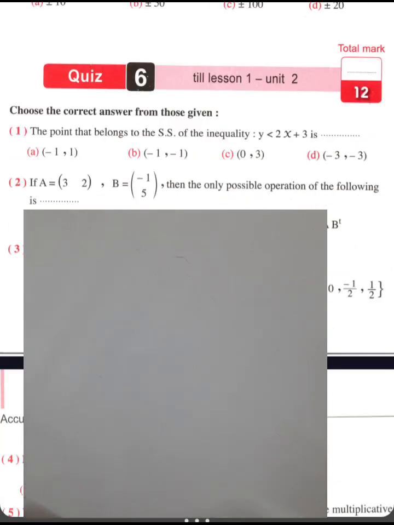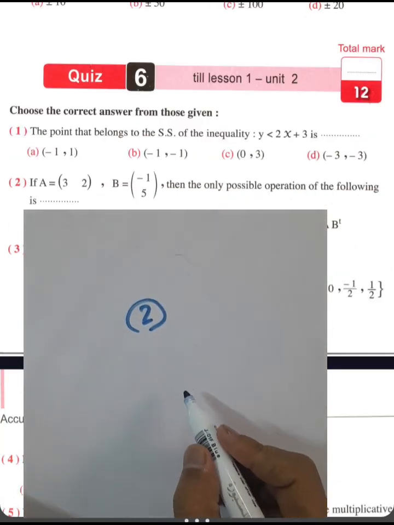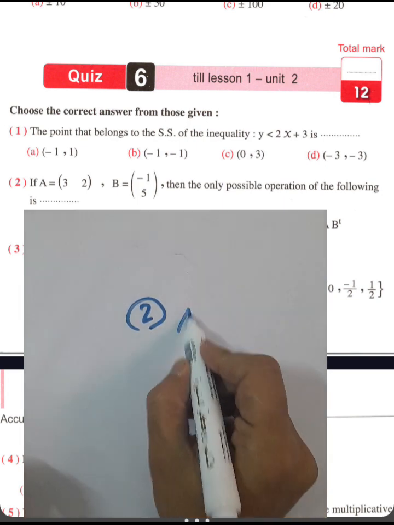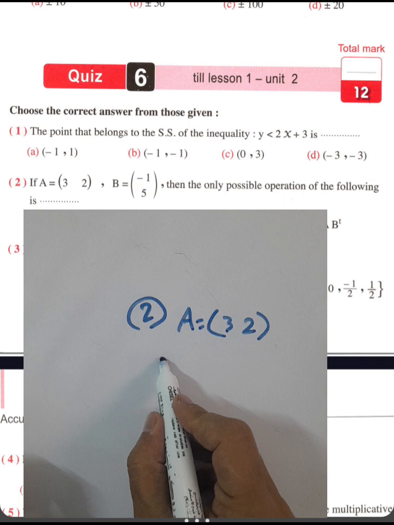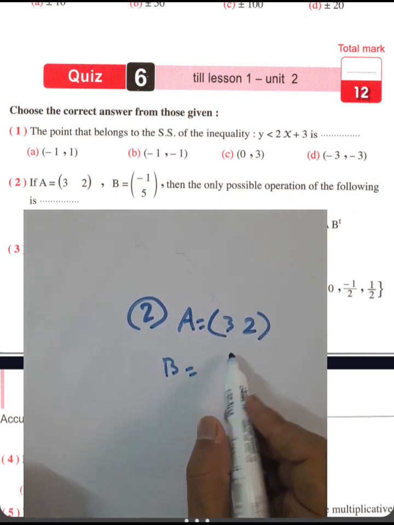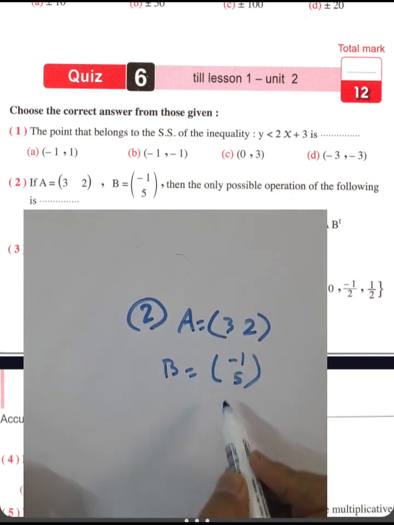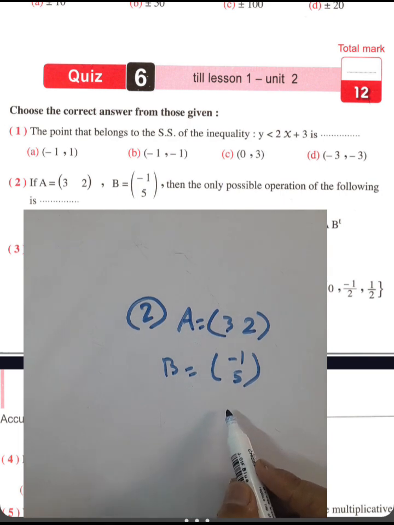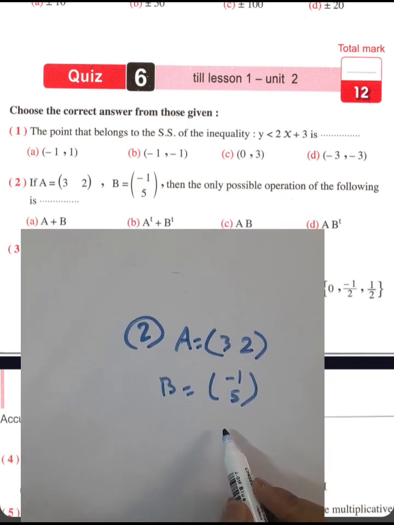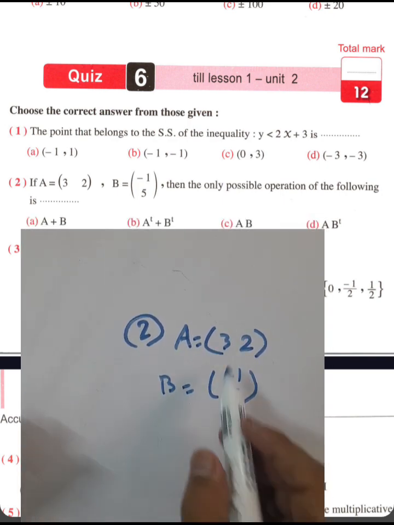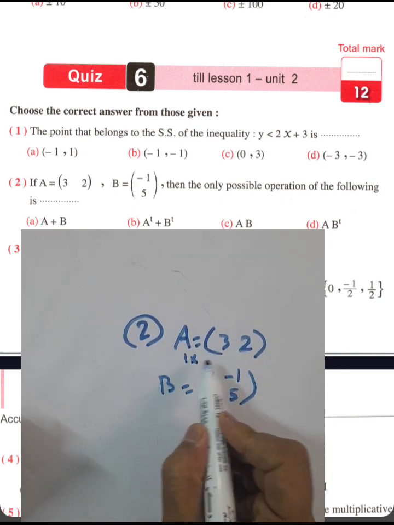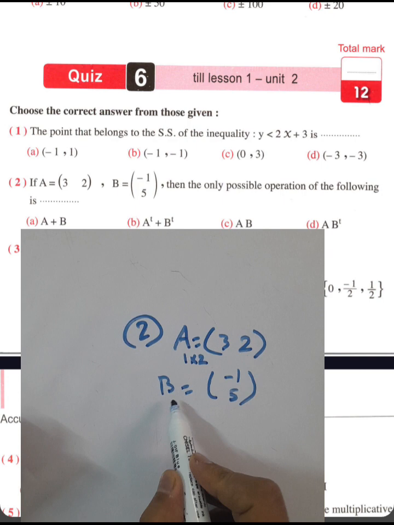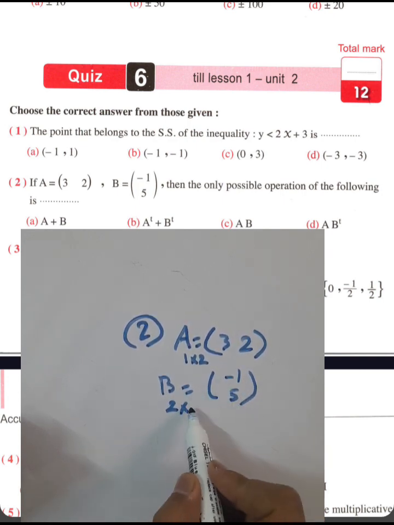Question number 2. If matrix A equals 3 and 2 and matrix B equals negative 1 and 5, then the only possible operation of the following equals what? It's the order of what? We have 1 horizontal by 2 vertical for A, and for B we have 2 horizontal by 1 vertical.